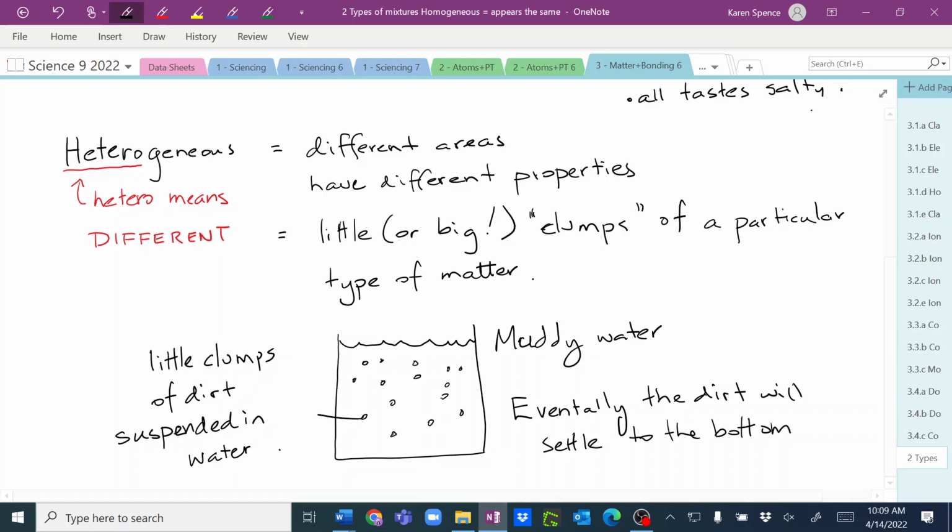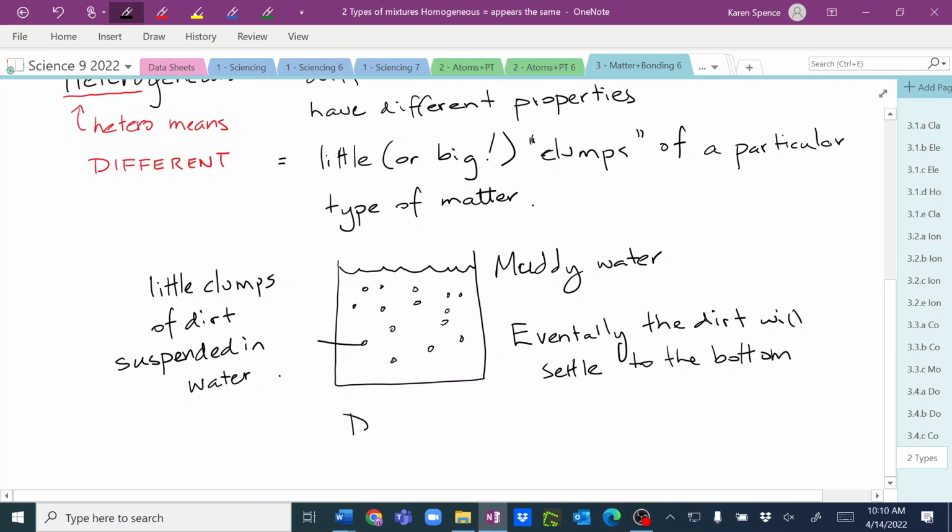You have the dirt area and you have the water area. Even when they're really small clumps, it's still a different area. And therefore this is heterogeneous.